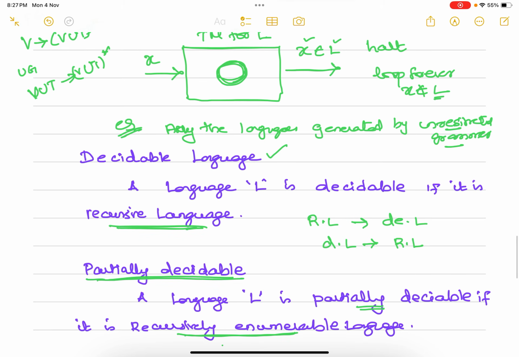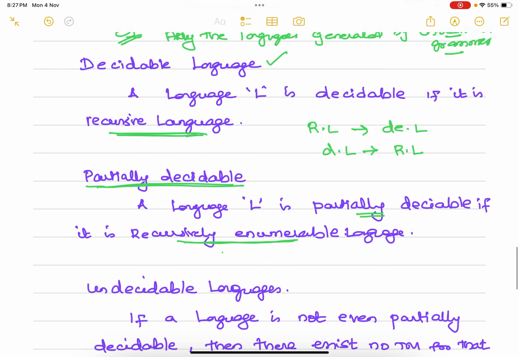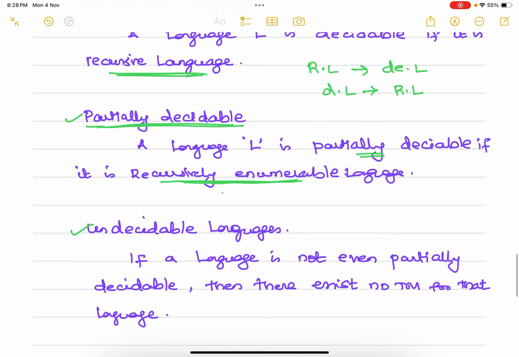We say a language is partially decidable if it is recursively enumerable. So if we have decidable and partially decidable, we'll have one more type, that is the undecidable language.